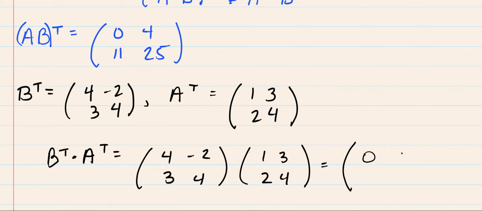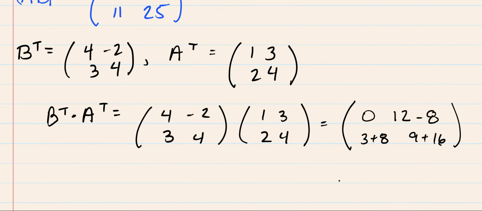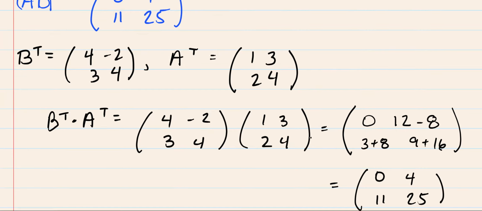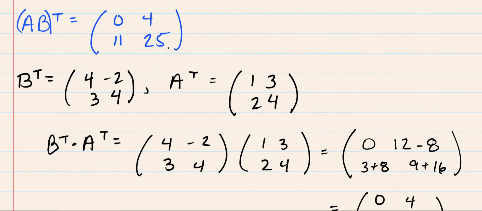Then 12 minus 8, then 3 plus 8, and then 9 plus 16, which is equal to 0, 4, 11, 25. Is that what we had for (A times B) transpose? It is: 0, 4, 11, 25.